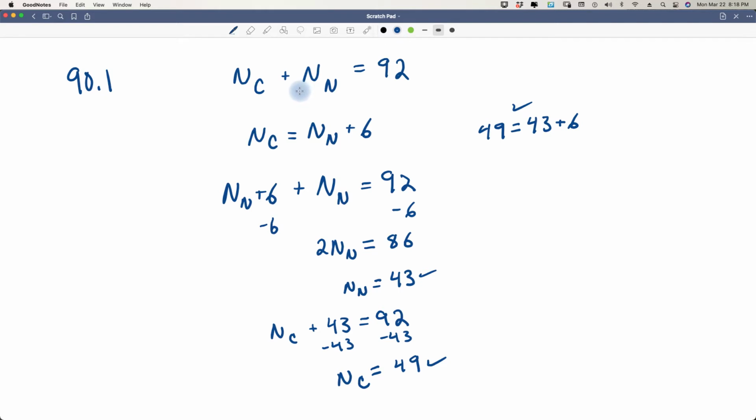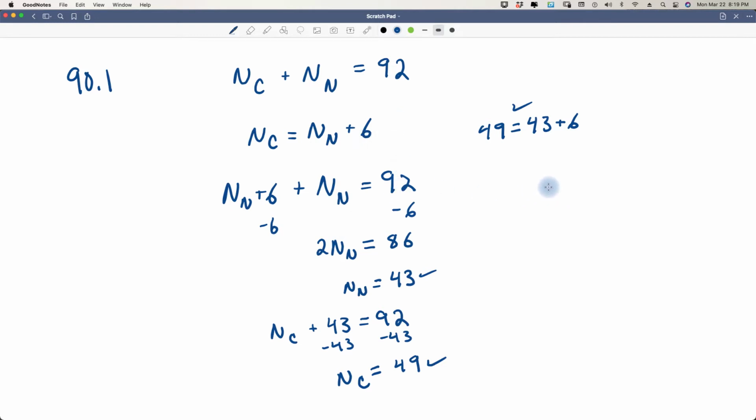If you can picture something being combined in your head, then it typically means adding. So the number that Charles picked and the number that Nell picked was 92 quarts. But Charles picked 6 more than Nell. So there's our second statement, and that can help us figure out how many by using substitution.